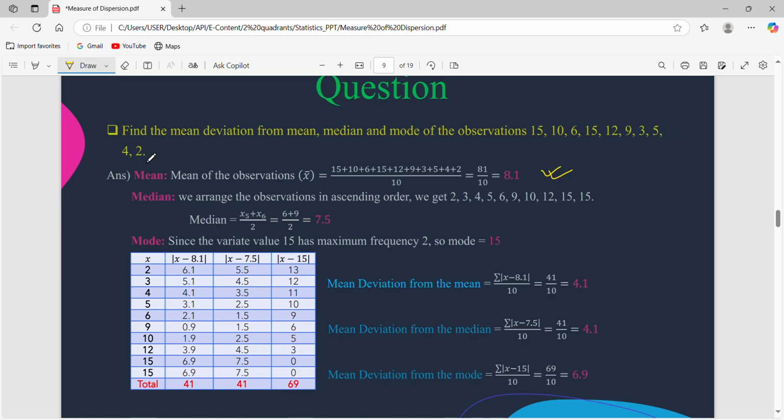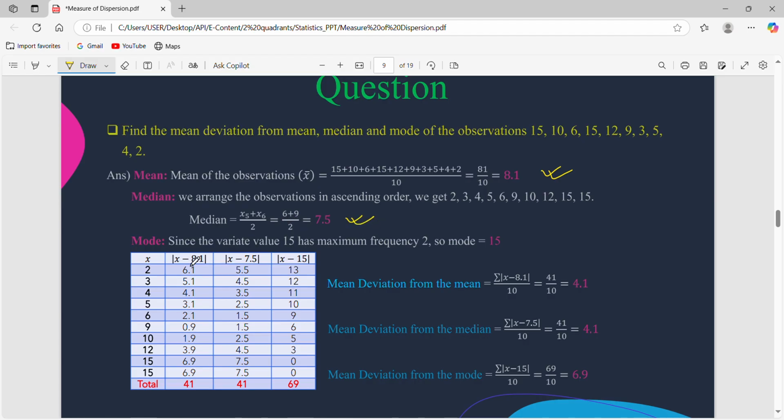It is not possible to find the median directly, because there is no single middle value. So first we have to rearrange the numbers, then take the middle two values. After rearranging, the middle two values are 6 and 9. So 6 plus 9 divided by 2 is 7.5. This is your median.